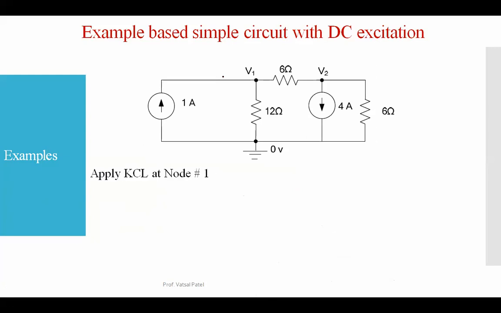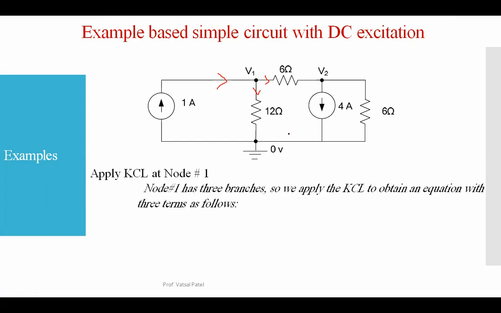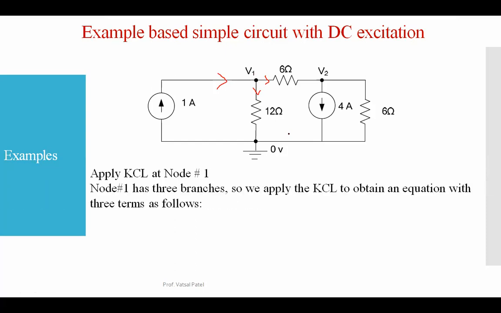So at node number 1, if you see the current direction, can we say the 1 ampere current is flowing here? This is here and this is here. So at node number 1, there are 3 branches connected. So we apply the KCL to obtain the equation.